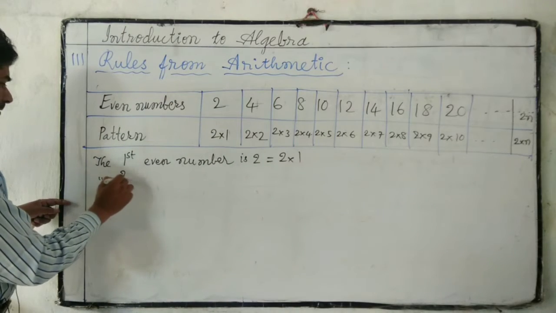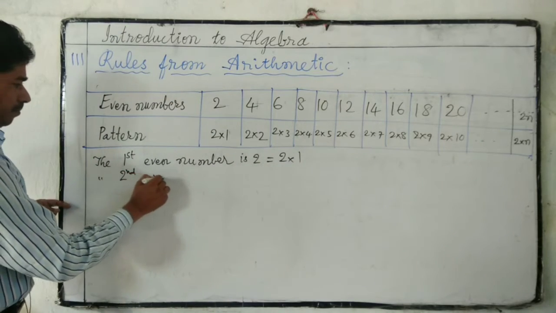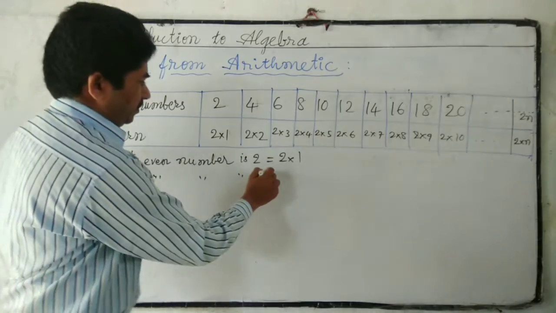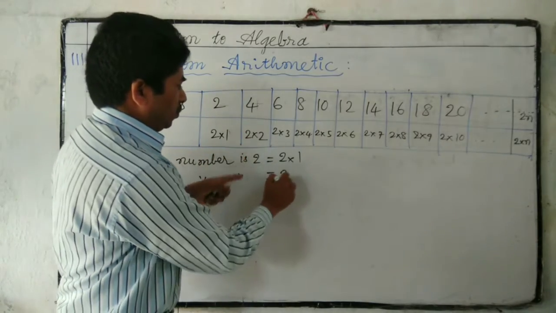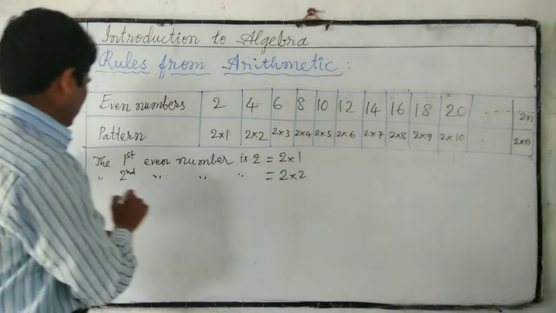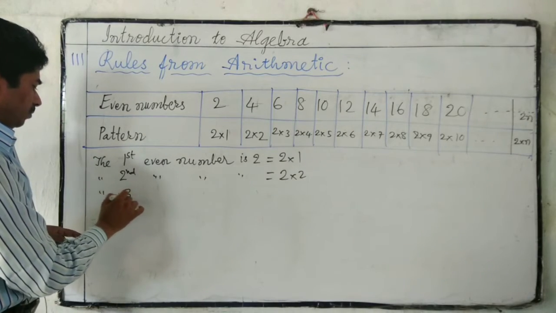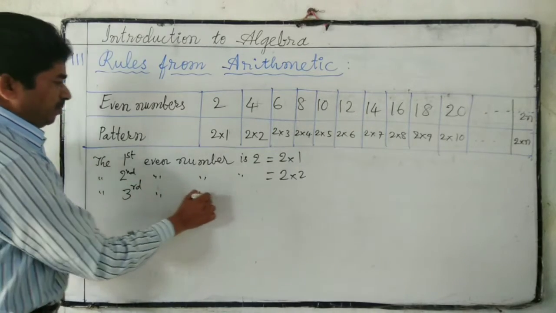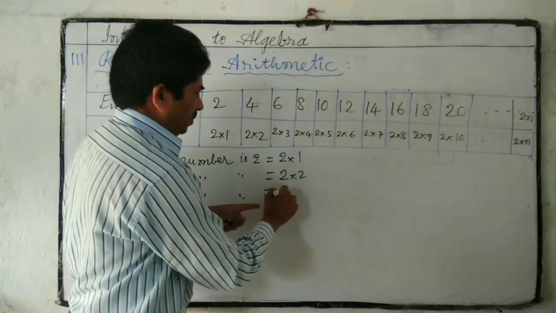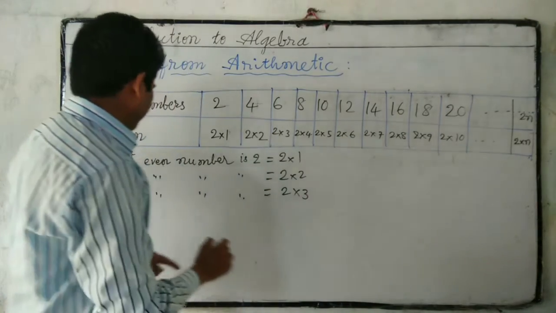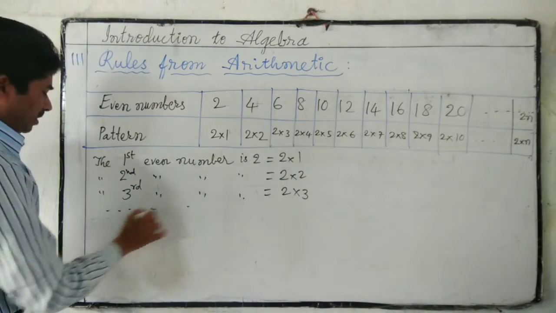The second even number is 4, 2 twos are 4. The third even number is 6, 2 threes are 6. And so on.